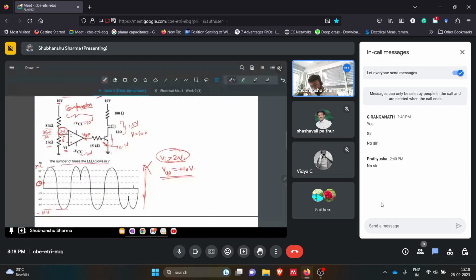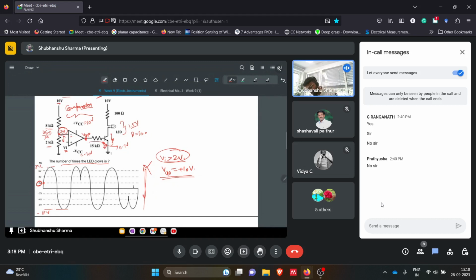Now after this, once this point is maintained at 10 volts, let's see what will happen further. For the transistor to work as an amplifier, forget about that, we'll think of that later. But let's see. So this is 10 volts here.